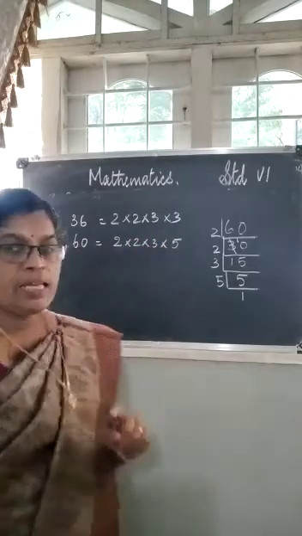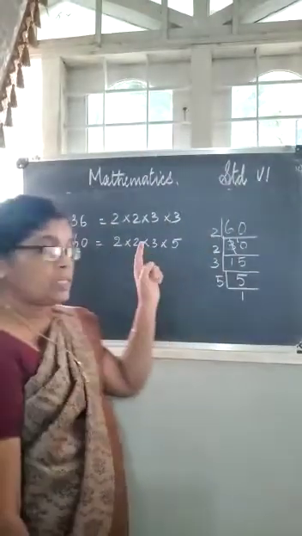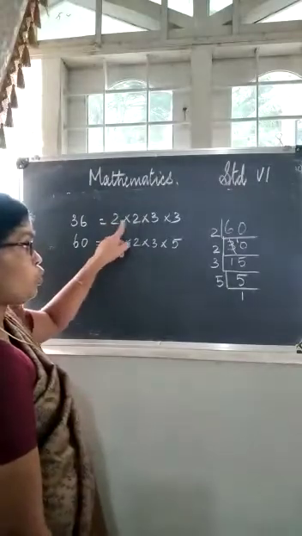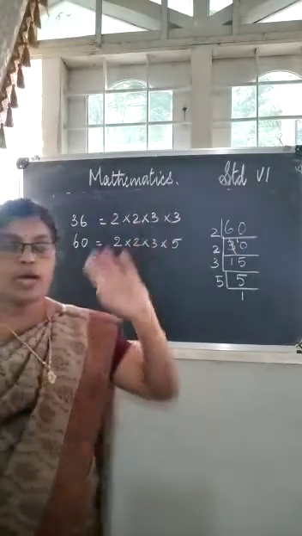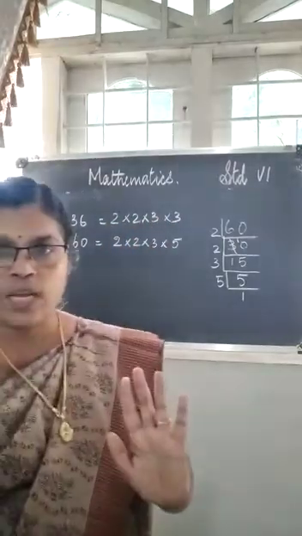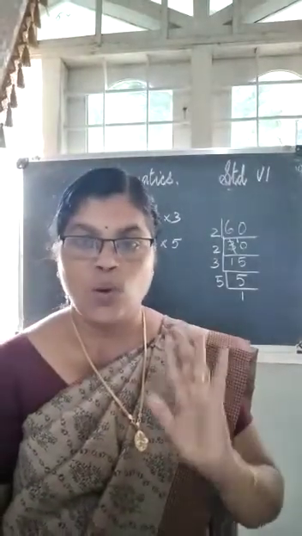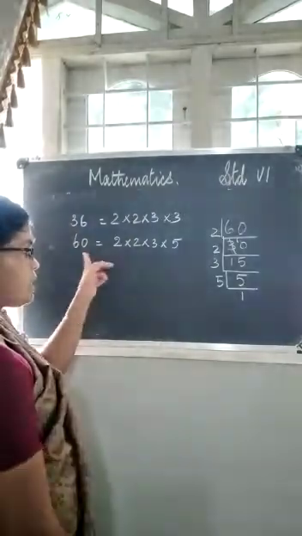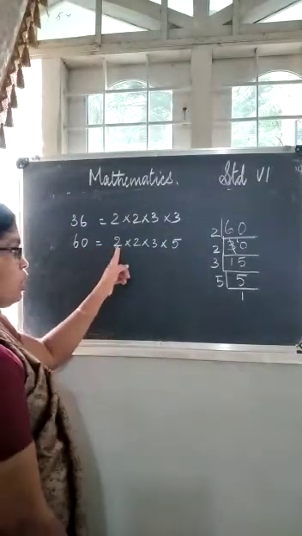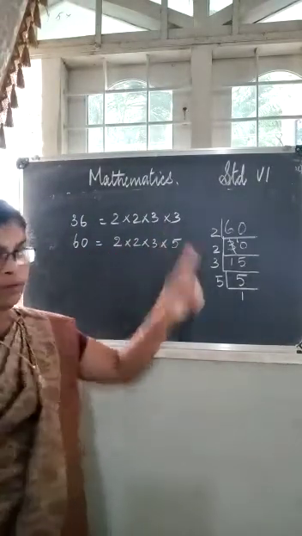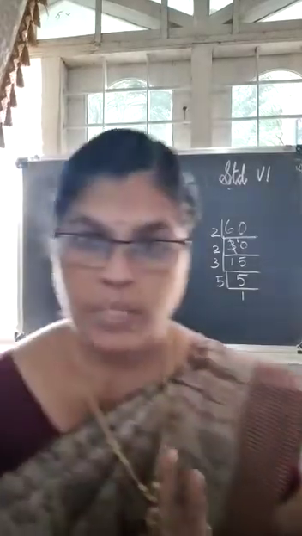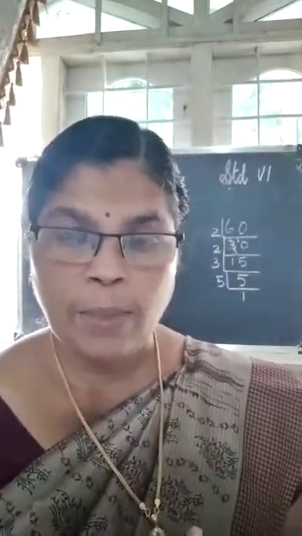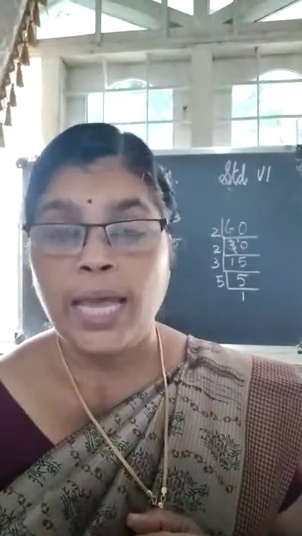Now see, in the prime factorization we have only these numbers as factors: 2 and 3 are prime numbers. The factors should be only prime numbers, right? In 60 you see the factors 2, 3 and 5. 2 is a prime number, 3 is a prime number and 5 is also a prime number.